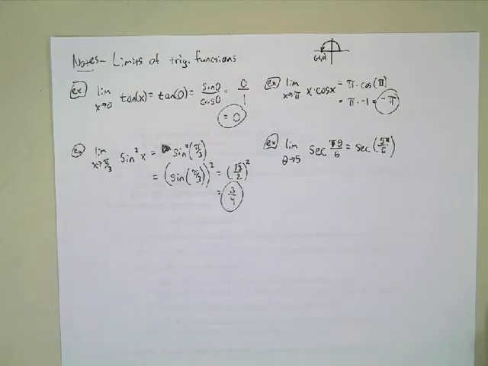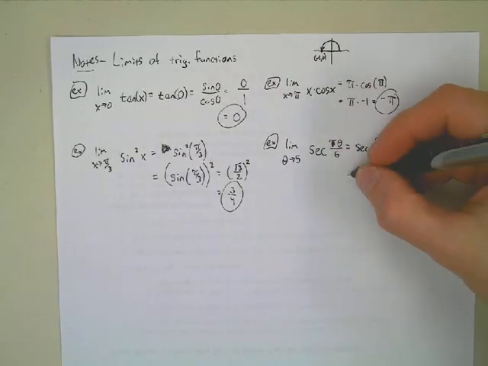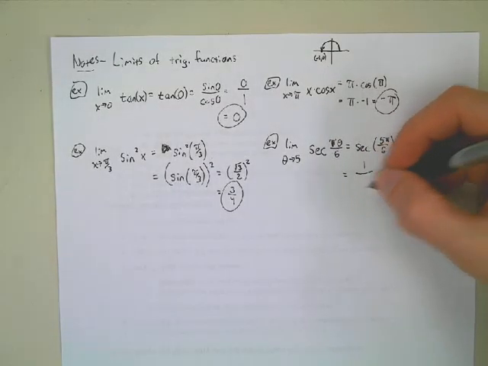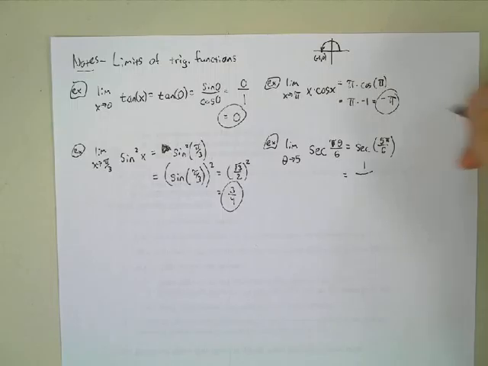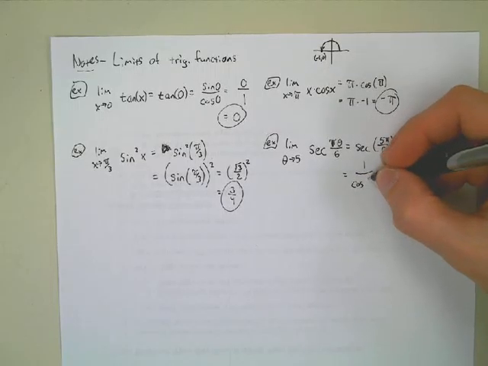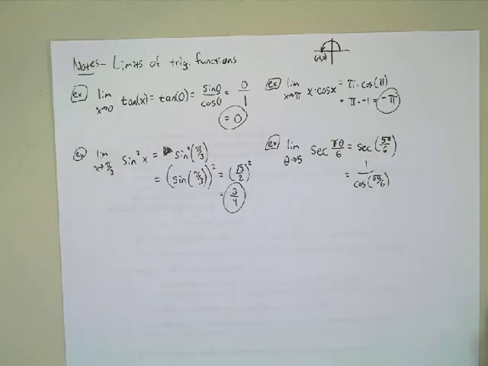All right. Again, I never really bothered to learn secant and stuff like that. I just make it 1 over cosine. Secant is 1 over cosine of 5 pi over 6.